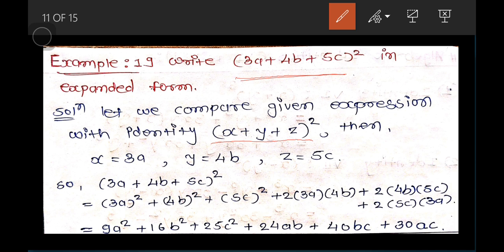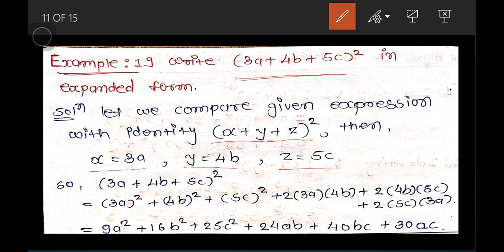Then you can see that x is 3a, y is 4b, and z is 5c, and we have the formula x plus y plus z all square is equal to x square plus y square plus z square plus 2xy plus 2yz plus 2xz.